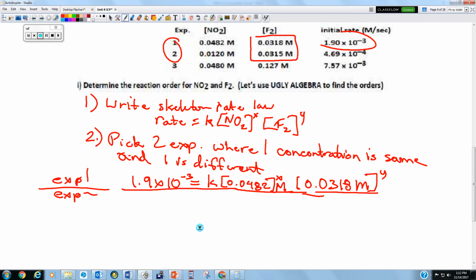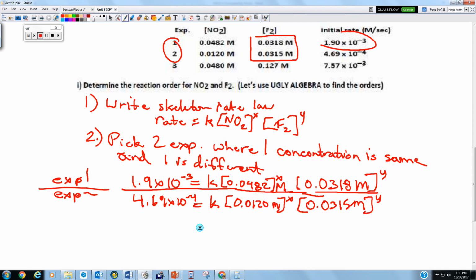You're going to plug it in, so your rate is 4.69 times 10 to the negative 4 equals K times 0.0120 molar to the X times 0.0315 molar to the Y. Yes? That's just letting you know that there's a left and a right side to the equation.